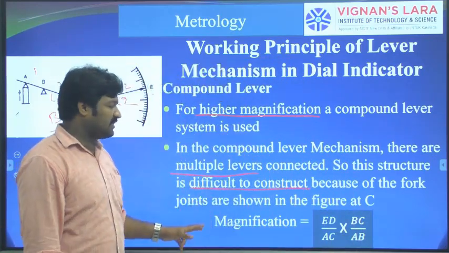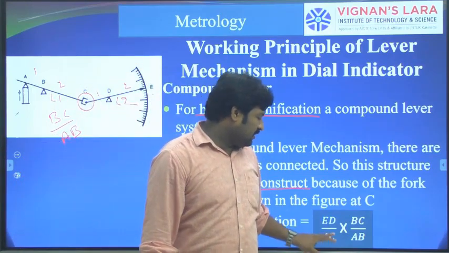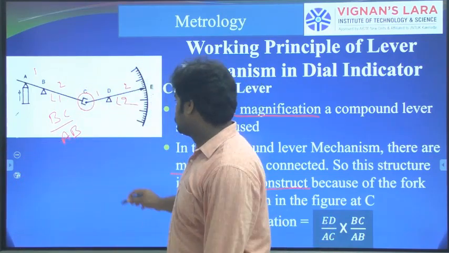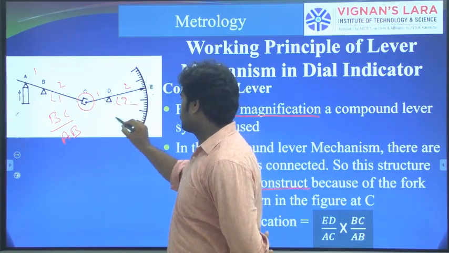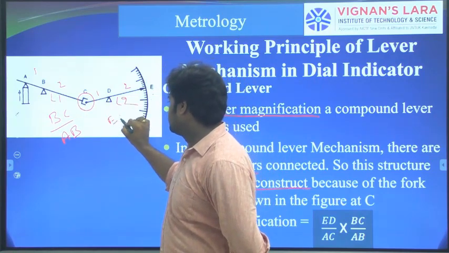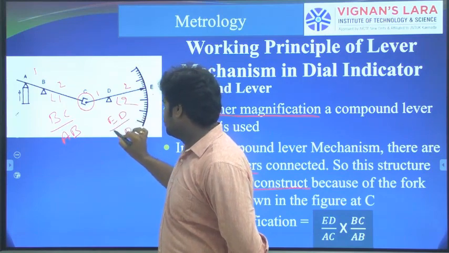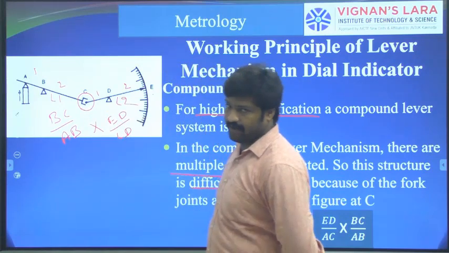Here the magnification is BC by AB into ED by CD. From here to here the magnification is BC by AB. From here to here the magnification is ED by CD. The multiplication of these two is our final magnification.